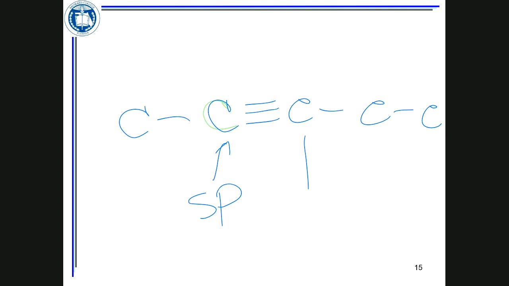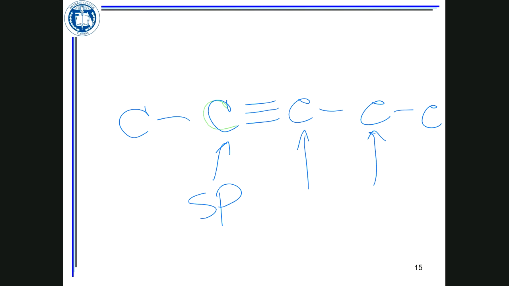What is the hybridization for the other carbon? Good, did I wake you up? Okay. What is the hybridization for this carbon? Can you just tell me, is it sp or is it not sp? Not sp, very good, thank you. Okay, it's not sp. How do we know? We know it's not sp because that carbon does not have a triple bond.